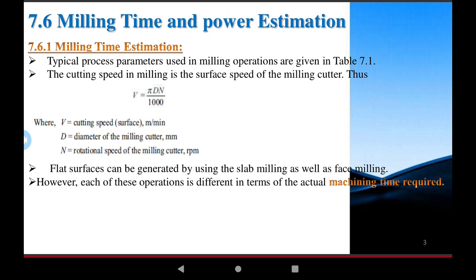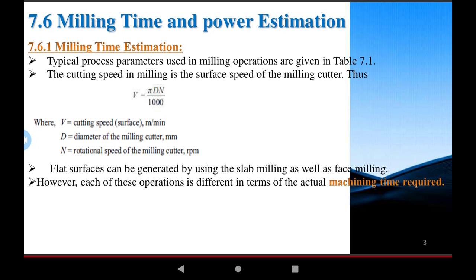A flat surface can be generated by using slab milling as well as face milling. This formula is used for cutting a flat milling surface, whether by slab milling or by face milling operation.